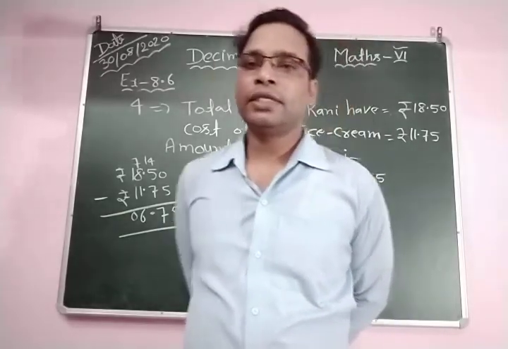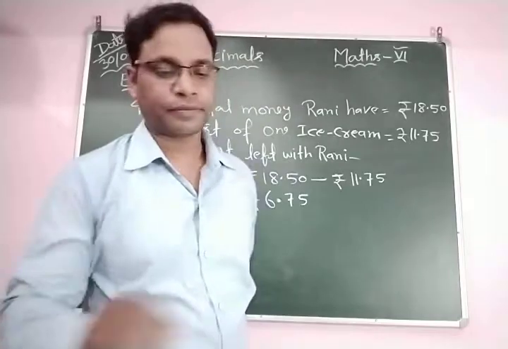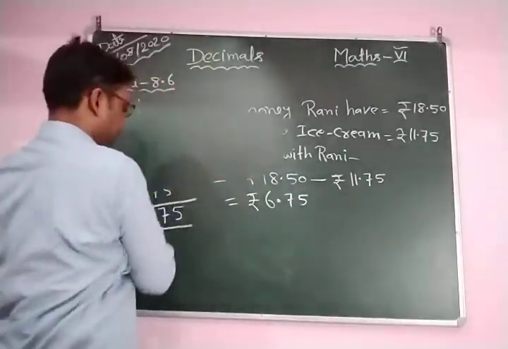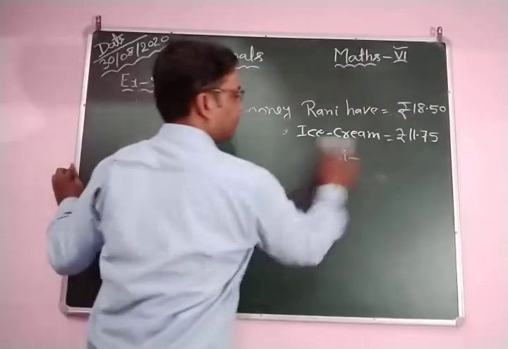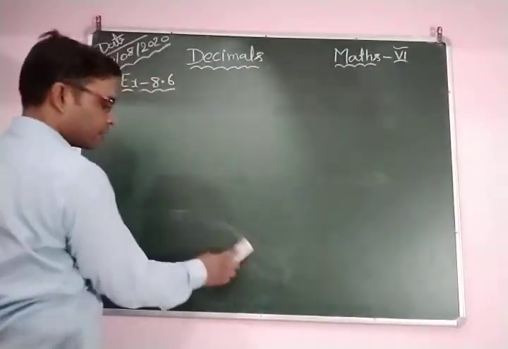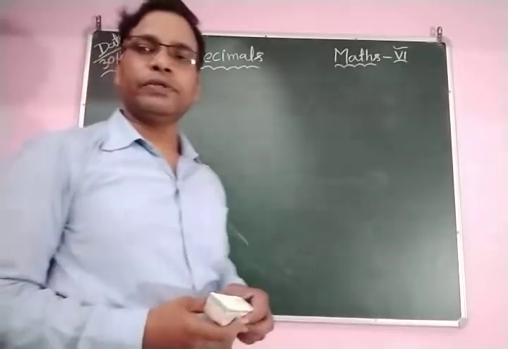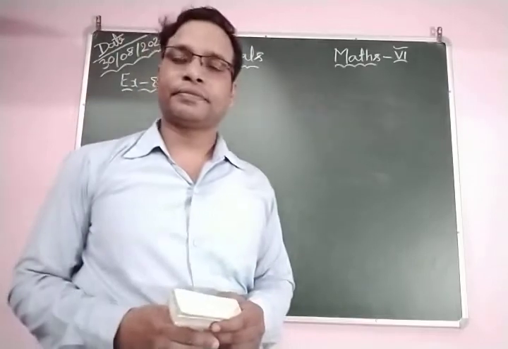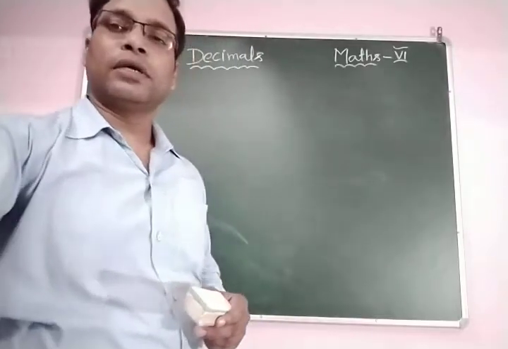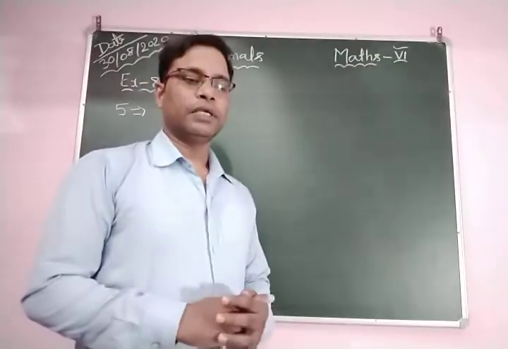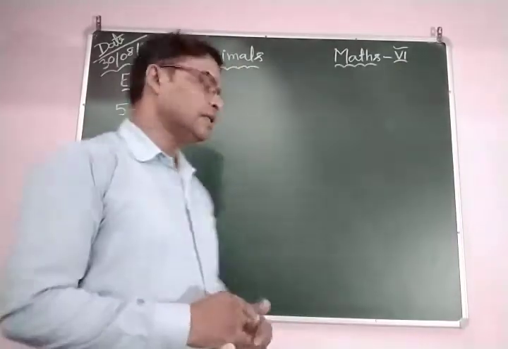Okay, so let's see how to do it. In this question also we subtract the length of cloth cut from the total length of the cloth. In this question the length of cloth is given.